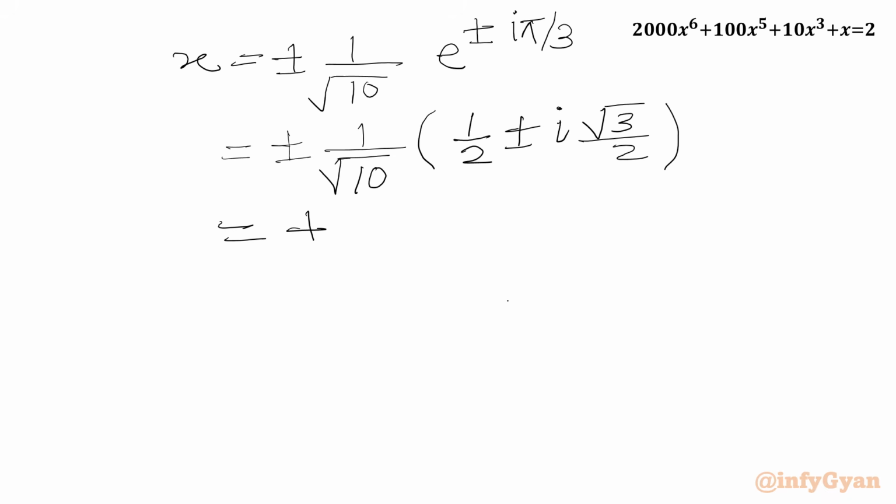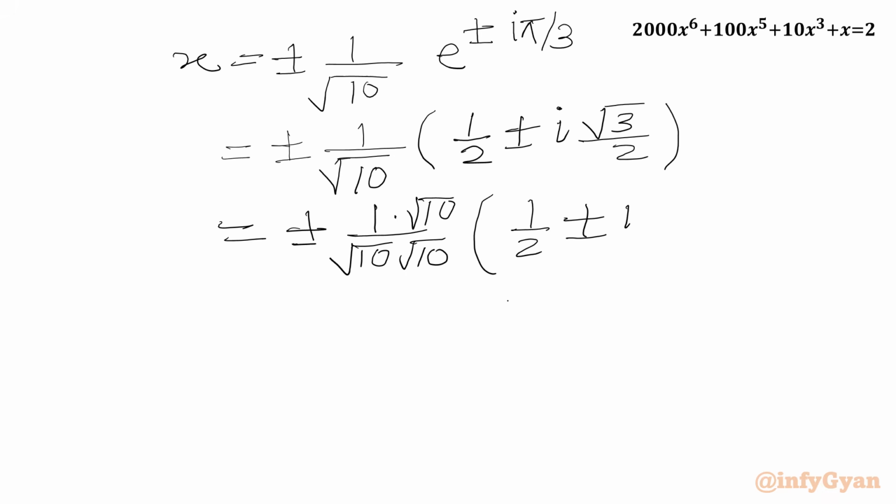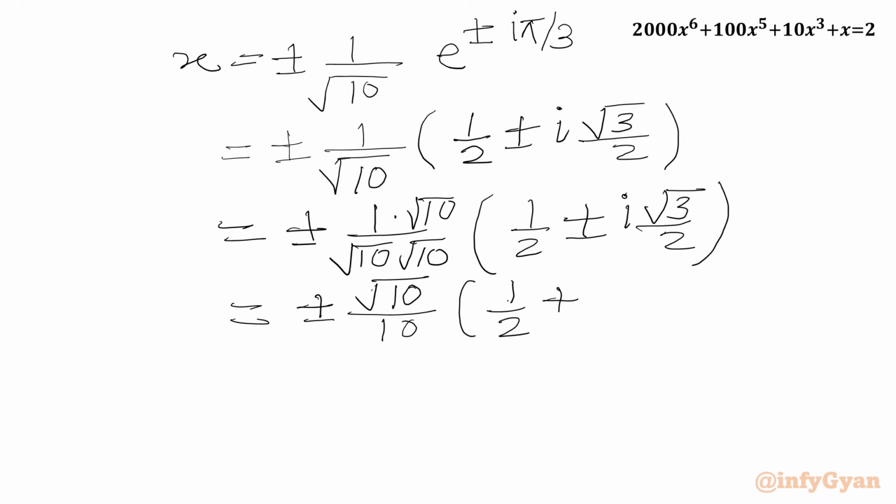Let's take rationalization here: 1/√10, we multiply numerator and denominator by √10. In the bracket we can write 1/2 ± i√3/2. √10 times √10 is 10. So ±√10/10, and in the bracket we have 1/2 ± i√3/2.